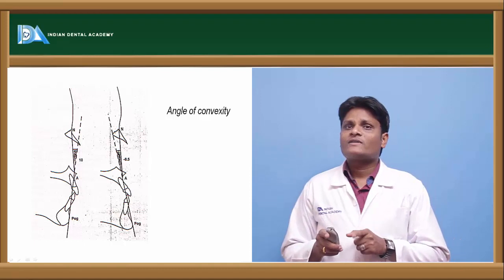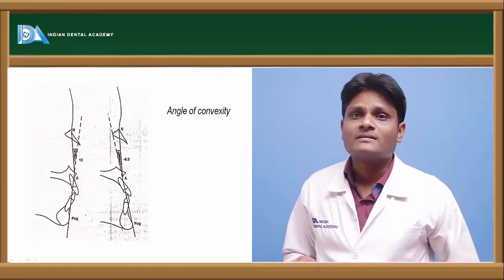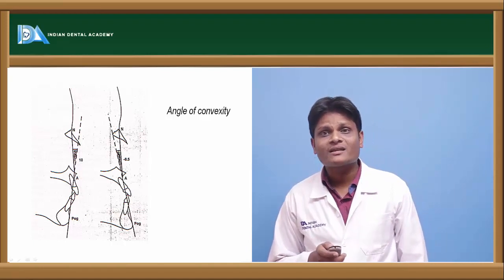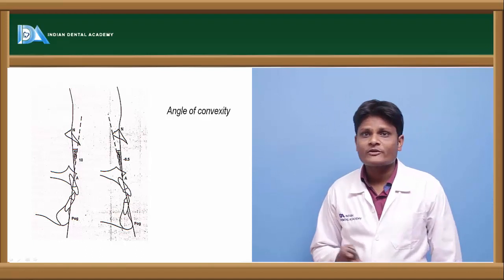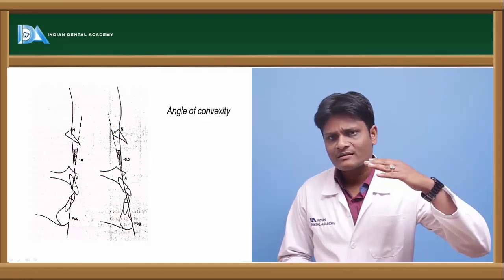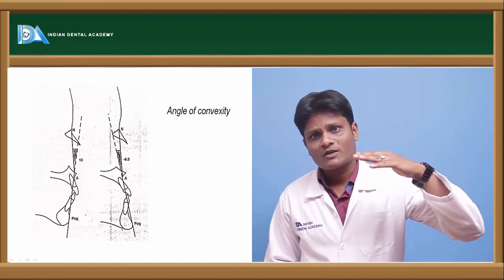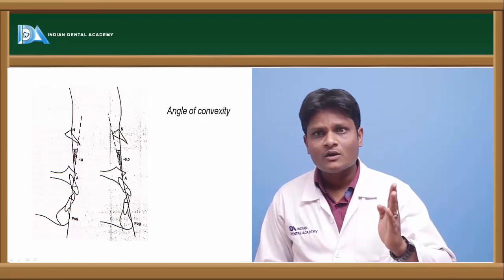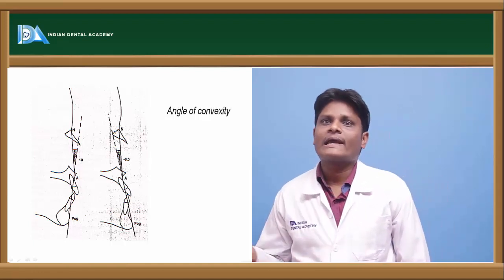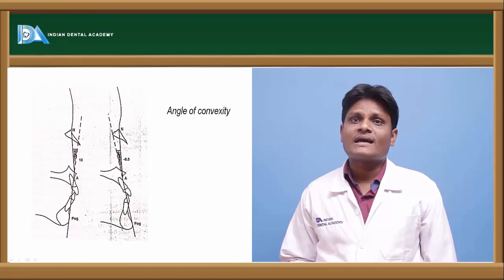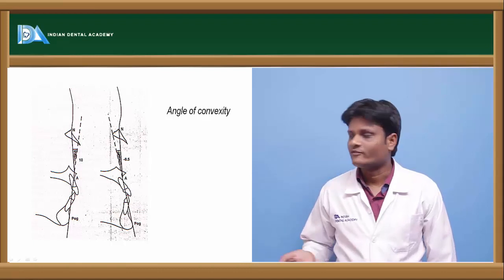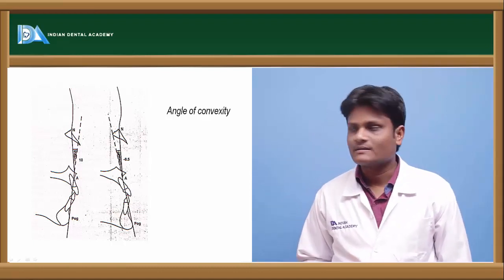If the same angle of convexity is negative, that indicates the patient has a concave profile, which might be due to retrognathic maxilla or prognathic mandible or a combination of both. That means angle of convexity is the parameter which indicates whether the patient has a convex face, an orthognathic face, or a concave face. Whenever a patient has a convex profile, the angle of convexity will be positive, whereas when a patient has a concave profile, the angle will have a negative value. This is called angle of convexity.